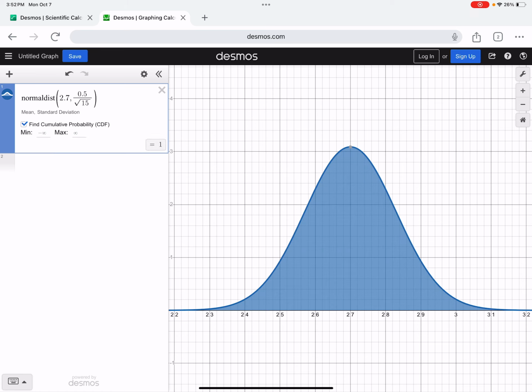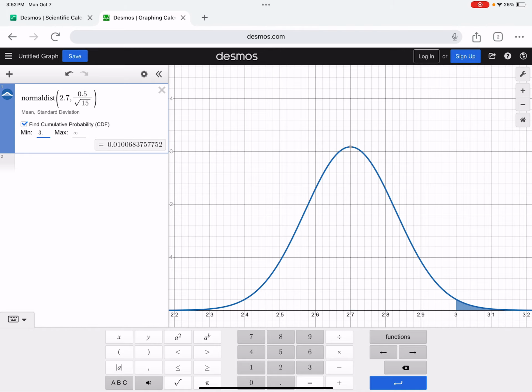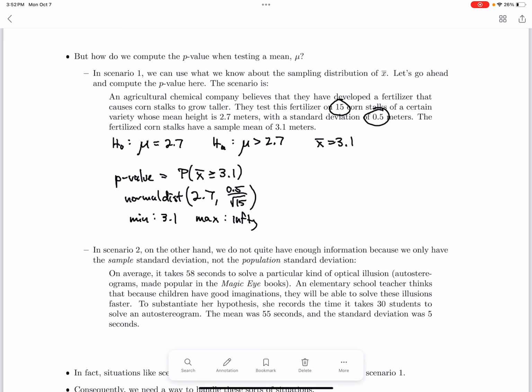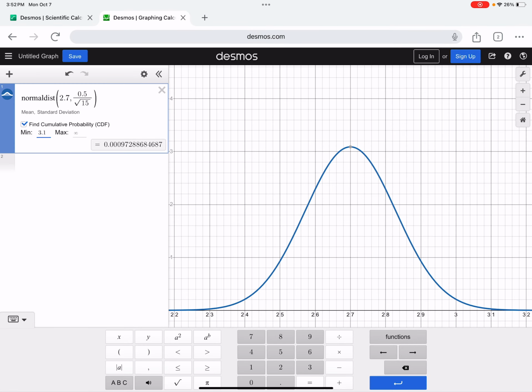We want the probability that x bar is at least 3.1, since that's what we observed in our sample. It looks like that's a really small probability, right? 0.0010 if we round to 4 decimal places.